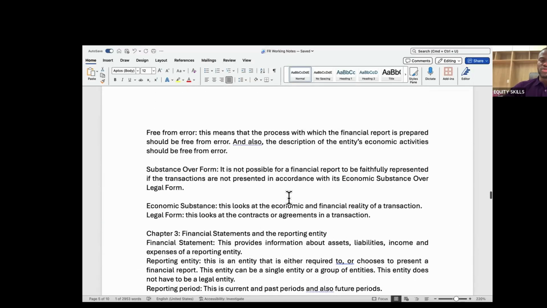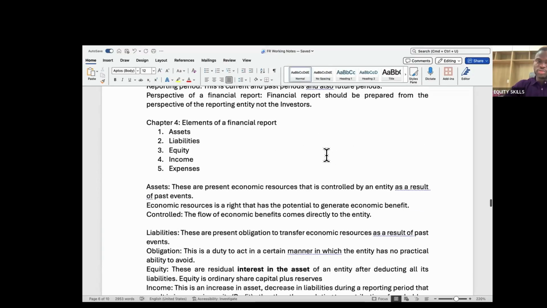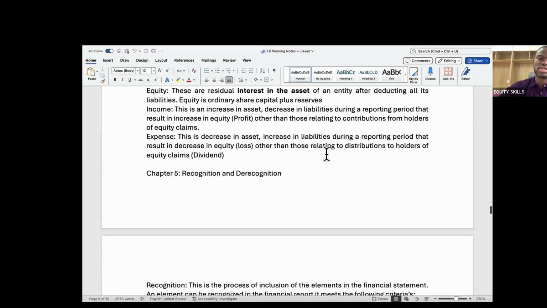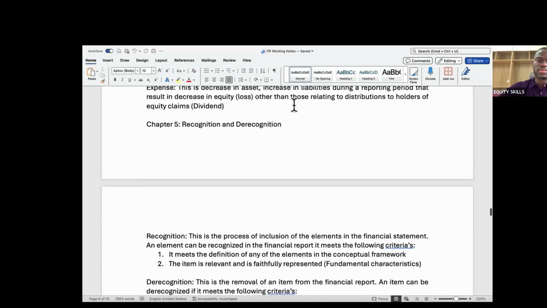Then we moved on to chapter 3 that talks about financial statements and the reporting entity. We explained all that. Then we moved on to chapter 4, where we defined elements of financial reports: assets, liabilities, equity, income, and expenses. We moved on to chapter 5, where we explained recognition and derecognition.